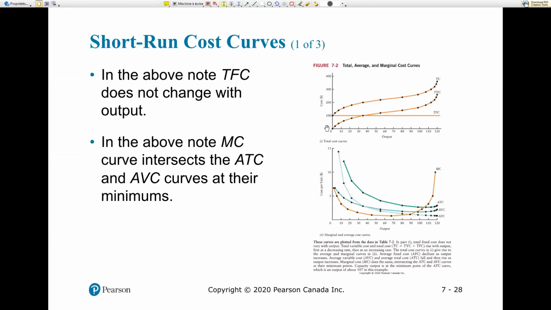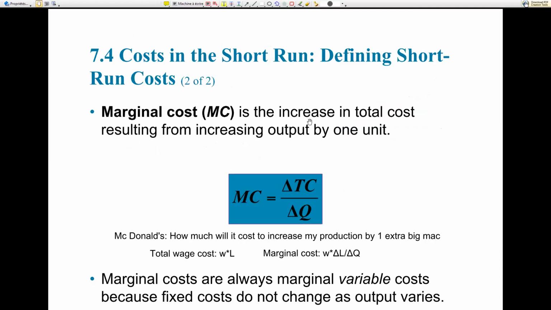And then workers are going to get more productive as I start hiring more of them, and then less productive. But you realize that here I said that marginal cost is wage times increase in labor divided by increase in production. And marginal product was the reverse.